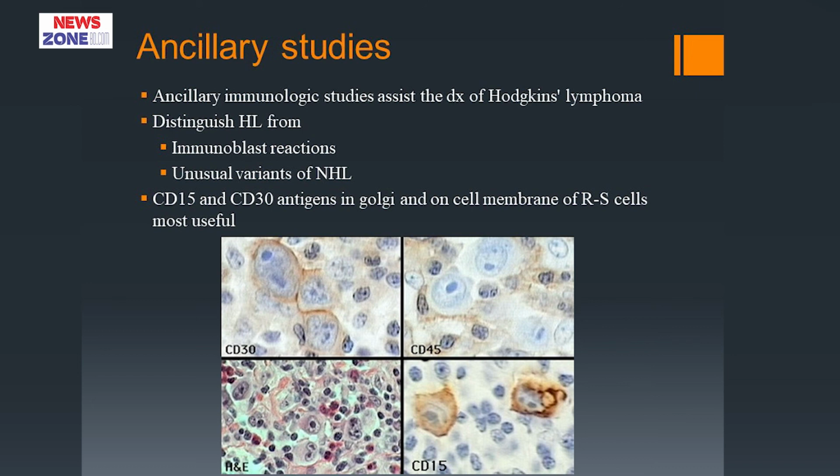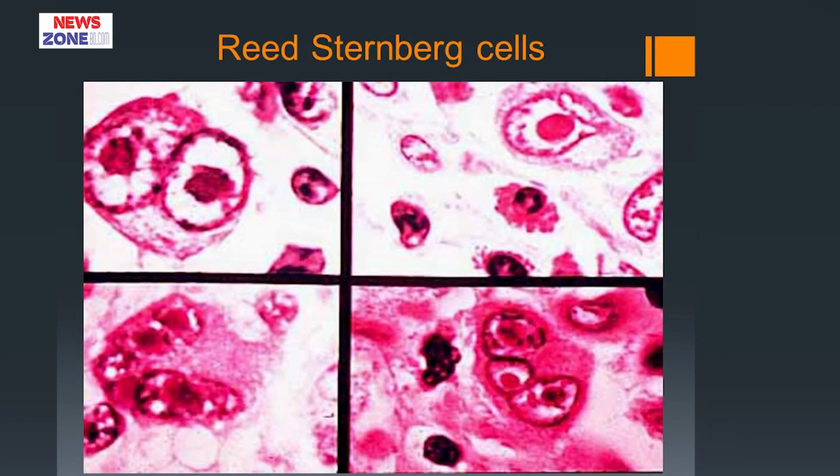So, if you do the immunostaining, the cell membranes and Golgi apparatus membranes are stained by CD15 and CD30, while CD45 does not take the stain, and this is a reactive lymph node. Another, you see the picture, the typical Reed-Sternberg cells, what do they look like? Like an owl's eye.